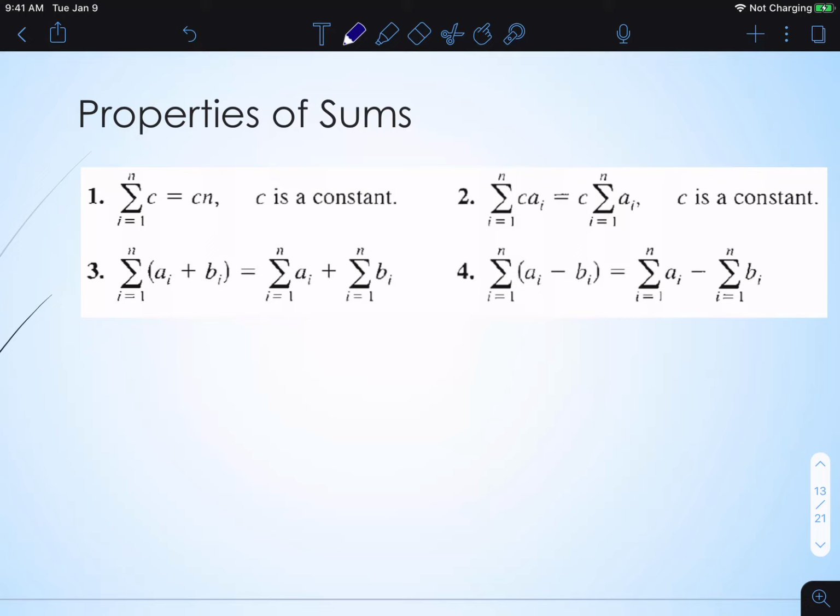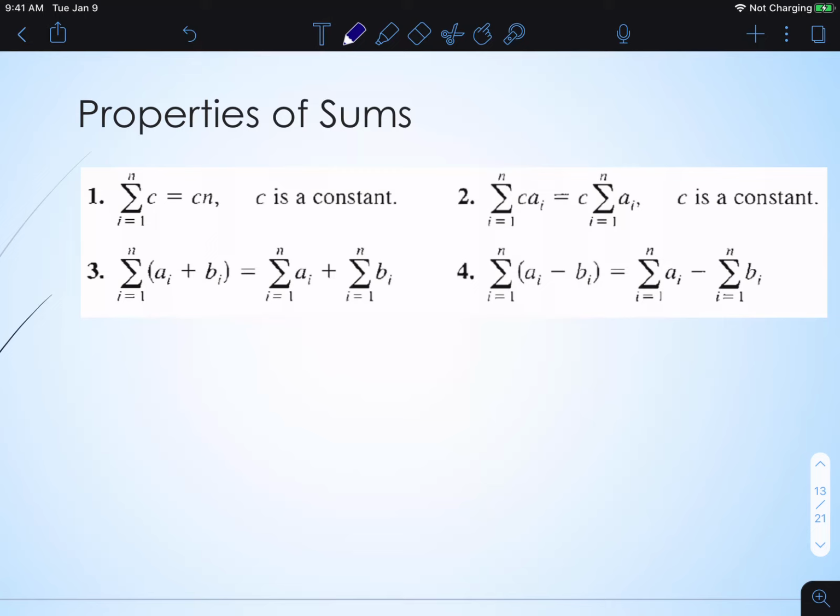Number 2 is saying, and think about this in distributive property terms, that if I had c times a sub i, it would just be the same as c times the sigma of a sub i. All you're doing is pulling out the constant, using the distributive property.